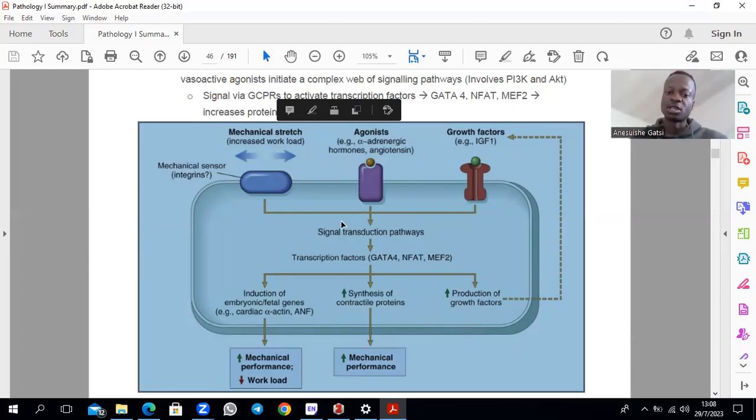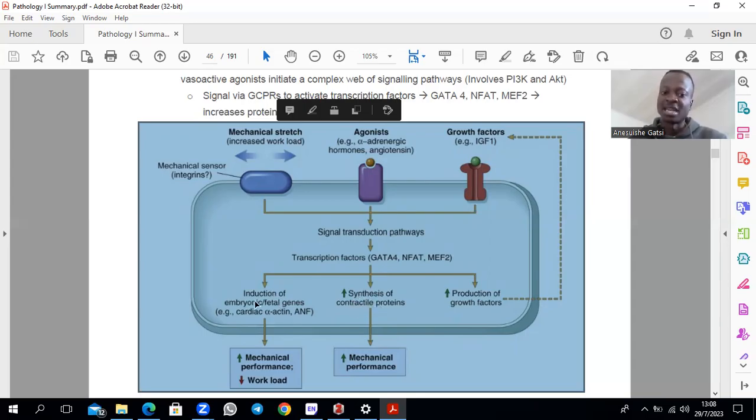All these things are going to stimulate signal transduction pathways, and the signal transduction pathways are in such a way that they're going to increase transcription factors. The examples given there, not important to remember. Once you increase transcription factors, you're going to have an increase in the synthesis of contractile proteins.